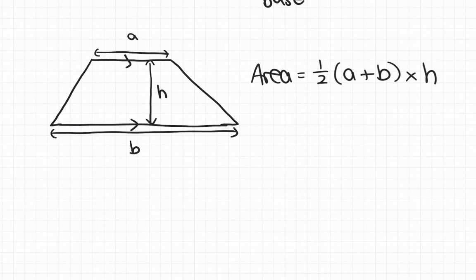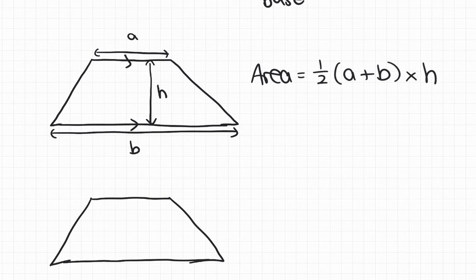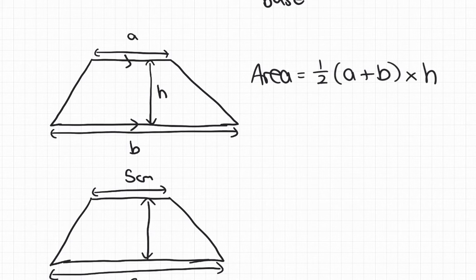So if we just do a quick example of this one, if I had a trapezium where this length was 5 centimetres, this length was 9 centimetres, and this height was 4 centimetres, the area would be, following that above, a half a plus b, that's these two parallel sides, 5 plus 9.